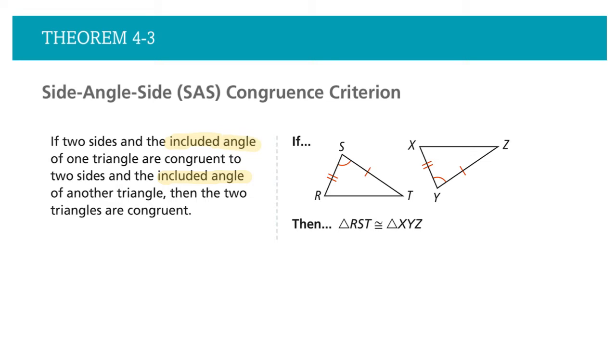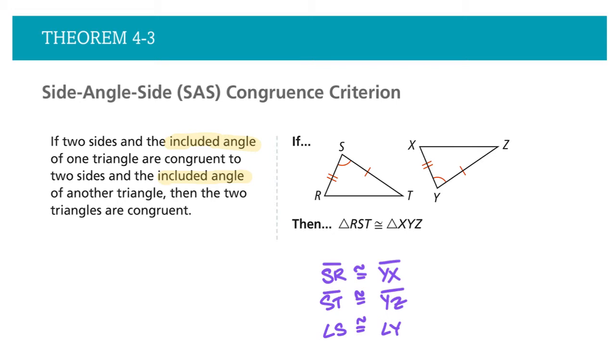So if I look at this picture over here, I notice that I have two triangles, RST and XYZ, and I have segment SR shown as being congruent to segment YX, and I have segment ST that is congruent to segment YZ, and I have angle S congruent to angle Y.